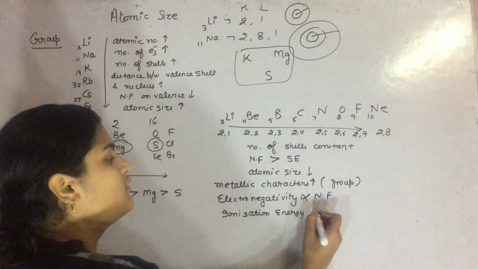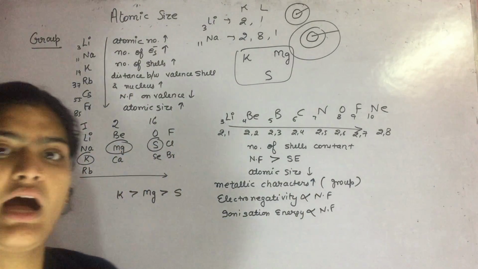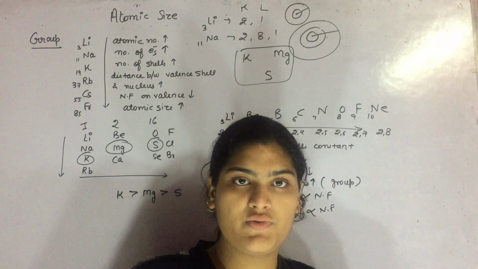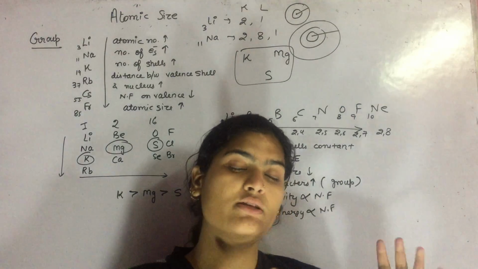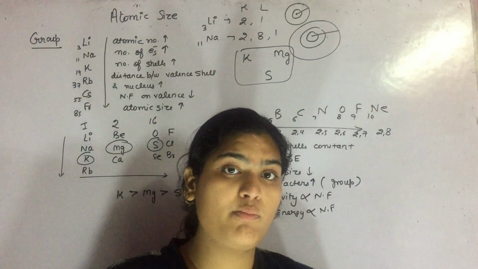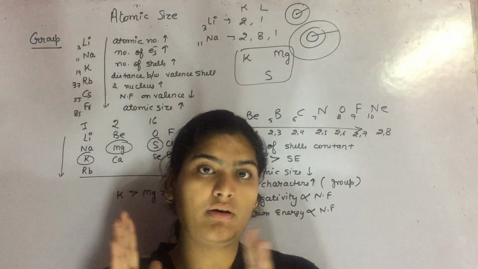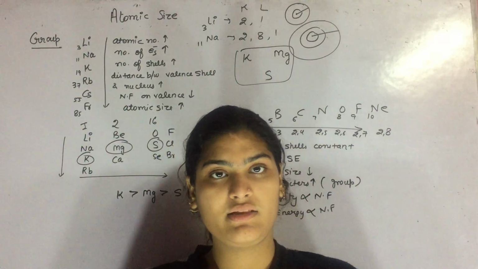So it is also directly dependent on nuclear force. I hope you understand all these periodic trends. They will help you in your conceptual and discussion questions. Just remember to compare and contrast the factors.